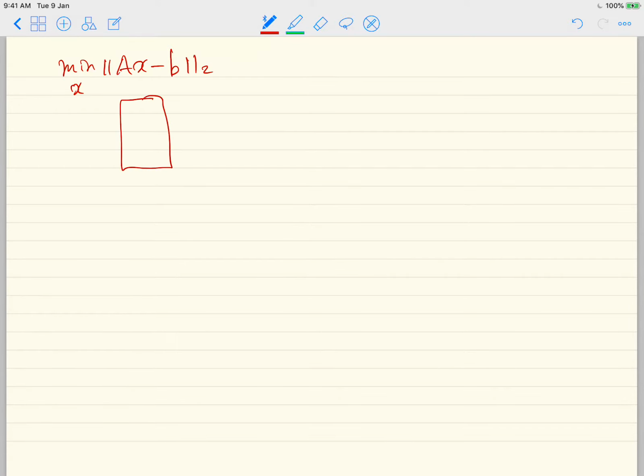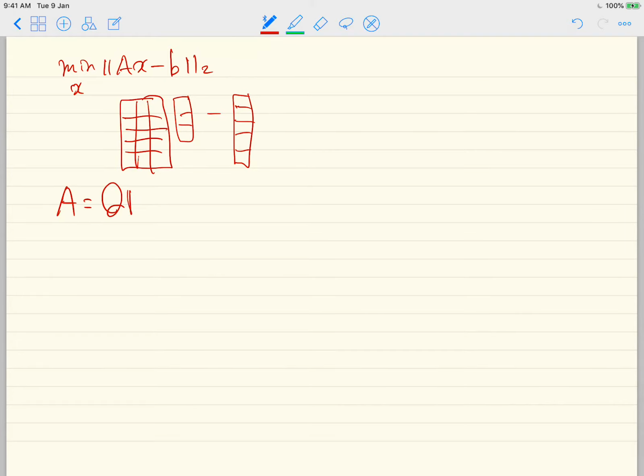A is, for example, like this. So we have five equations, and we only have 3 variables. So this is one example of this least squares. And then here we can apply the QR decomposition to solve this. Okay, so how we solve it is as follows.